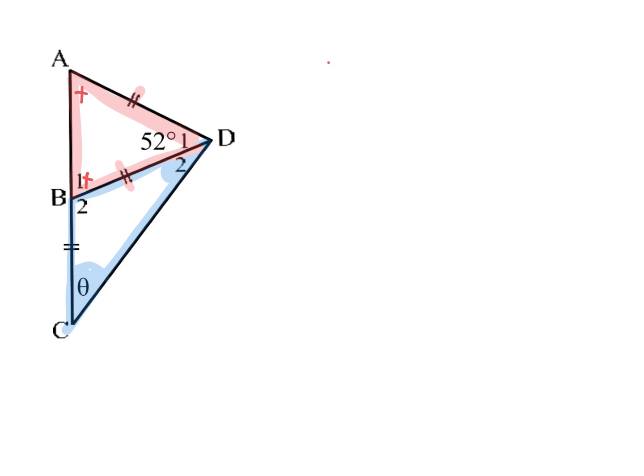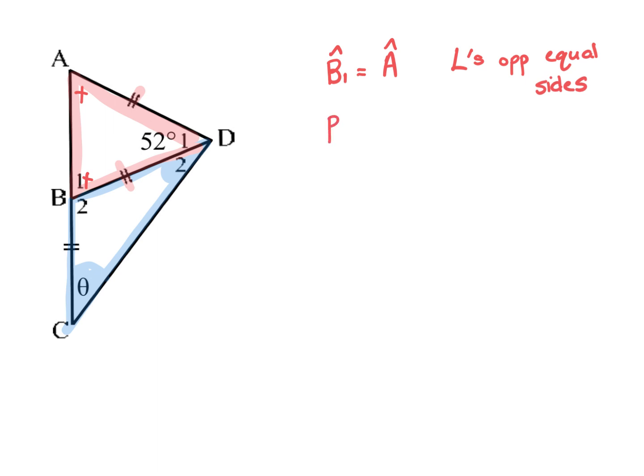I'm going to start by saying that I can see that B1 would be the same as angle A because they are angles opposite equal sides. Once I have said that, I can now use interior angles of a triangle to calculate what they are.